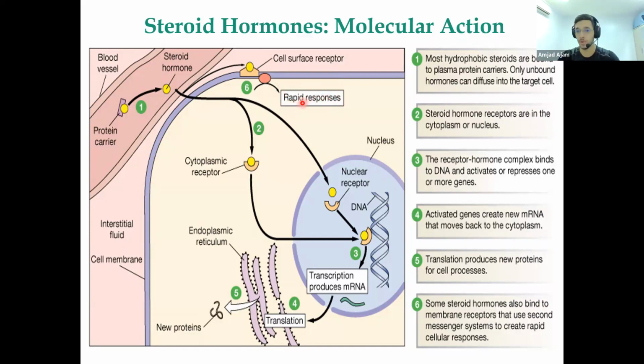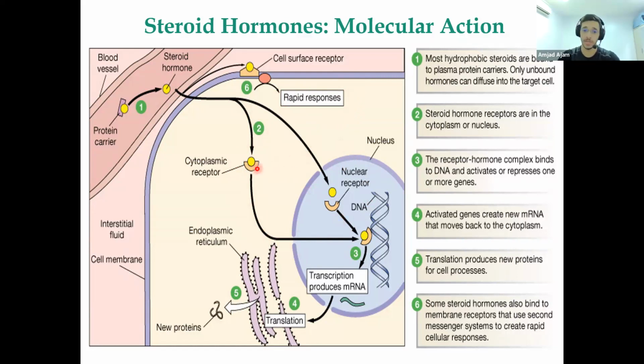And rapid here is a keyword for this pathway. This is what we refer to as the MIS, or the membrane initiated steroid signaling, in which it induces a rapid response.